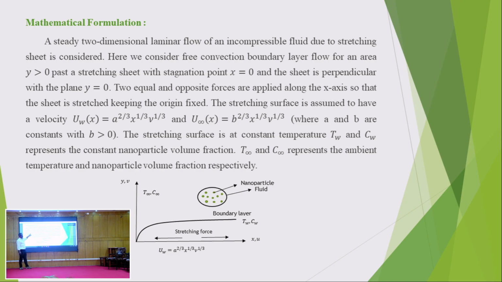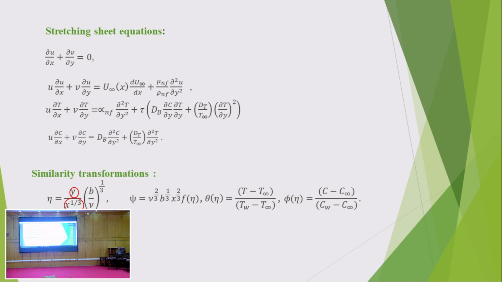Similarly, we balanced the variables, we balanced the equation with appropriate transformations. Next. So this is the formulation. What we did earlier, we took the same formulation and derived the new similarity transformation, so we derived our own similarity transformation.